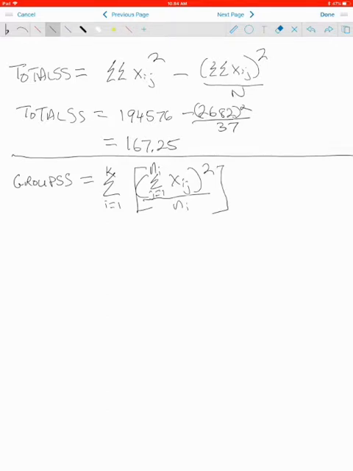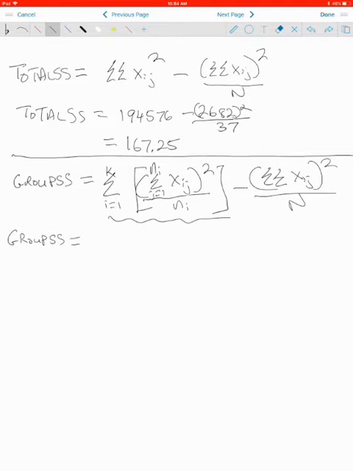So that's the first term, minus this thing again, the double sum of the xij's, all squared, over big N. All right, as I said, this one looks a little difficult, but it isn't. This first term just says, take the sum of each of the groups, square it, and divide it by its sample size.